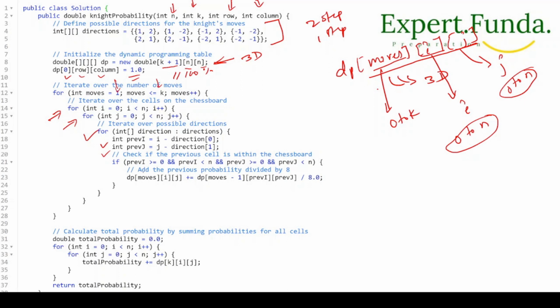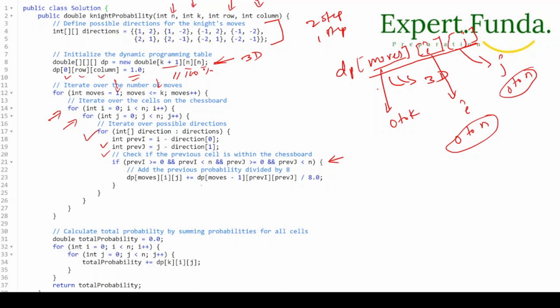We check that the previous cell is within the chessboard, meaning the board boundaries. Previous i should be greater than or equal to 0 and less than n, and similarly for j.